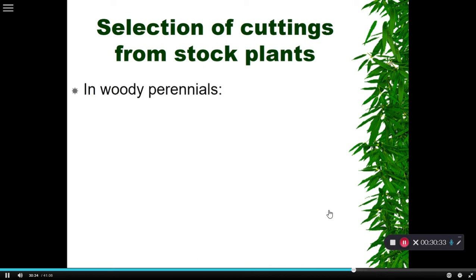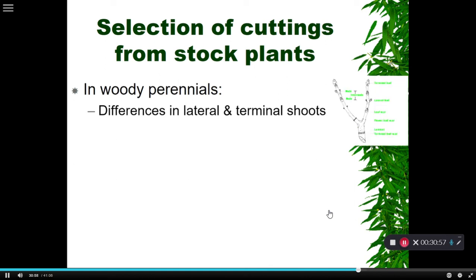So we're going to think of it this way. In woody perennial plants, woody shrubs, trees, we can summarize it like this. Let's first compare differences in lateral shoots versus terminal shoots. The rooting differences between lateral shoots and terminal shoots. Okay, so just a quick refresher. Think of a woody shoot.